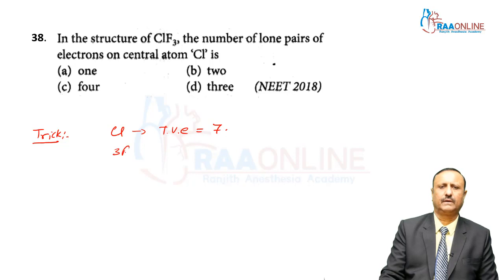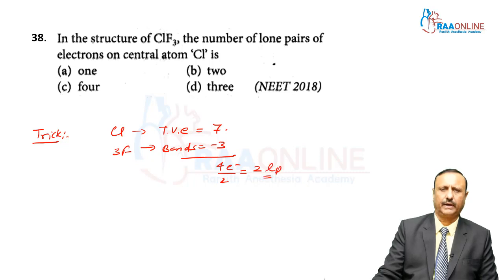Here 3 fluorines form the bonds, so 7 minus 3, and the remaining 4 electrons are present. So 4 electrons divided by 2, you get 2 lone pairs of electrons. In the ClF3 molecule, you get 2 lone pairs of electrons.